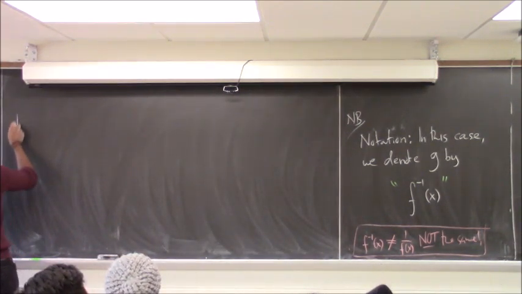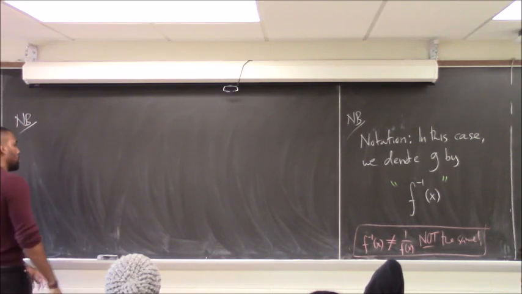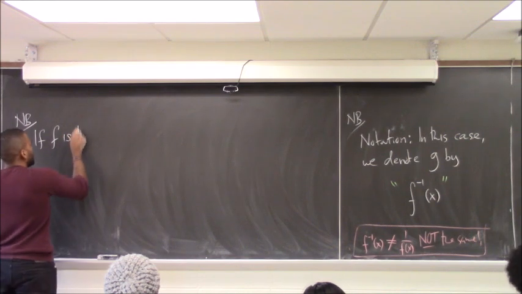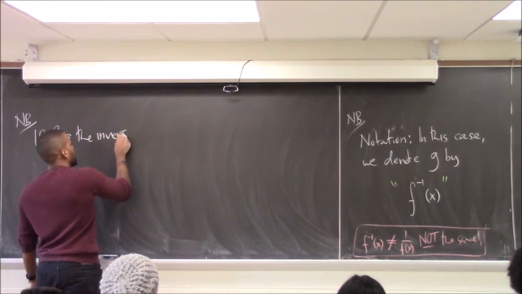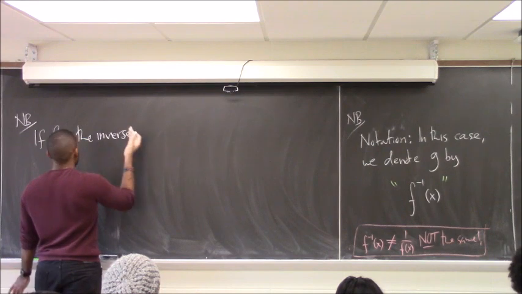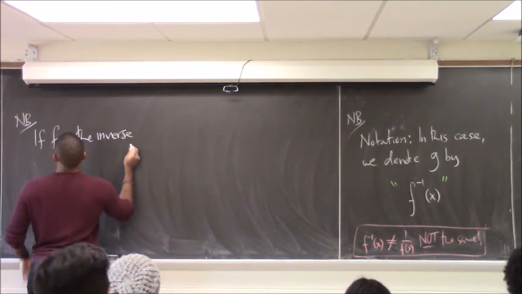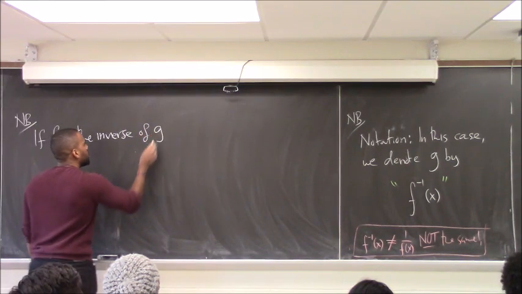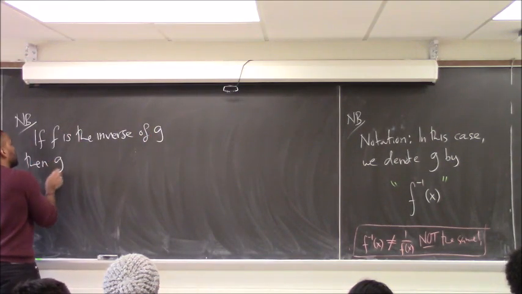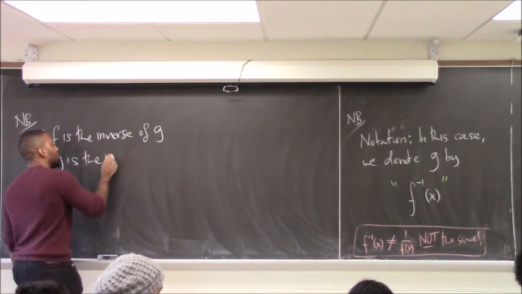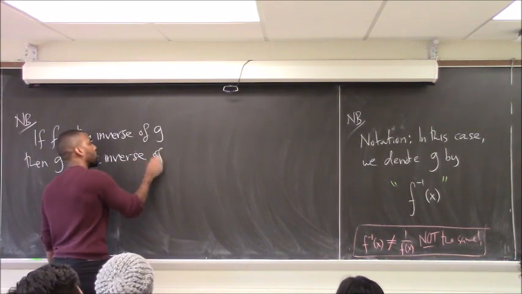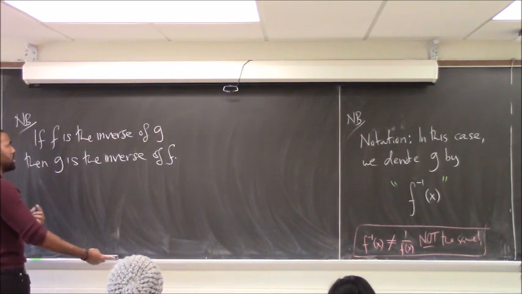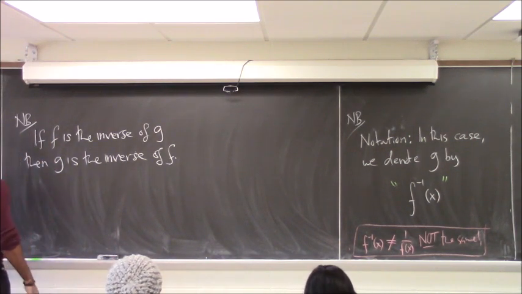Another thing I want you to note, if f is the inverse, I could have said it either way, but so this still works. I really meant to say g here, but it's not going to matter. If f is the inverse of g, then g is the inverse of f. The relationship is always going to be symmetrical. So once you find a function that undoes one, then the original function is going to undo the second one.